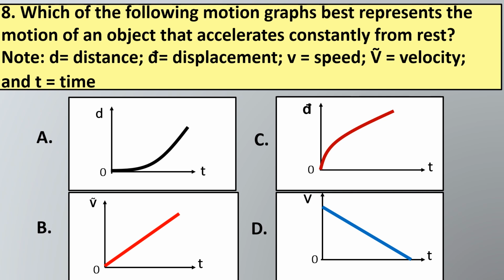For letter D, we have a case of speed versus time graph. The v here has no arrow. So this means speed versus time graph. But this time, the initial speed is not 0 here. At 0 time, the value of the speed is not 0.